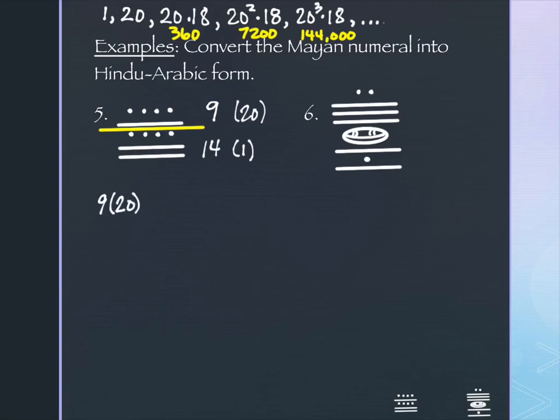You could figure out very easily how much money you have, right? 9 times your 20. And you have 14 ones. So what's 9 times 20? 180. And then 14 times 1 is 14. And if we added those together, we'd get 194.